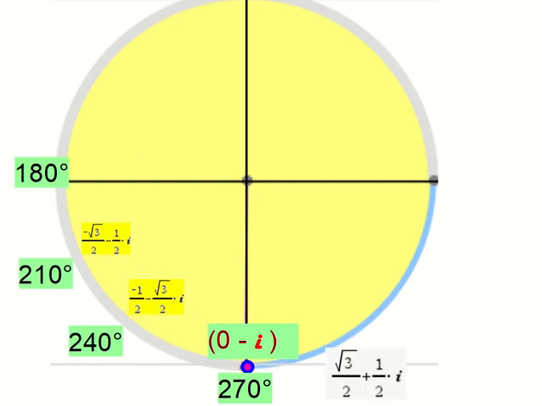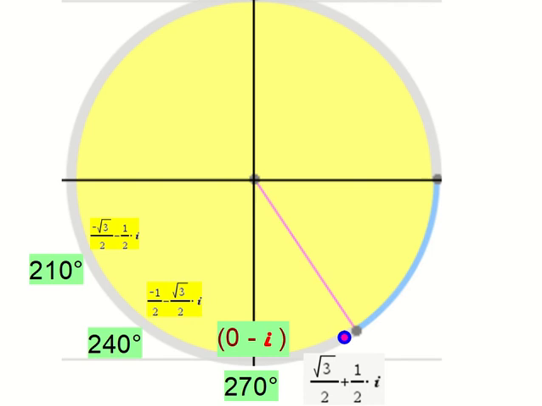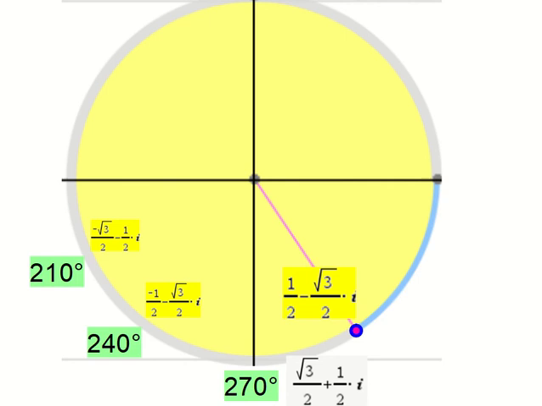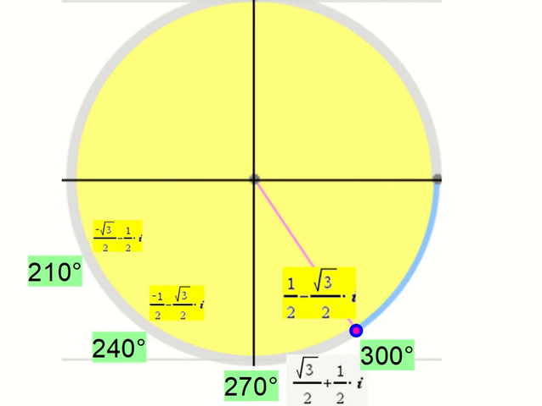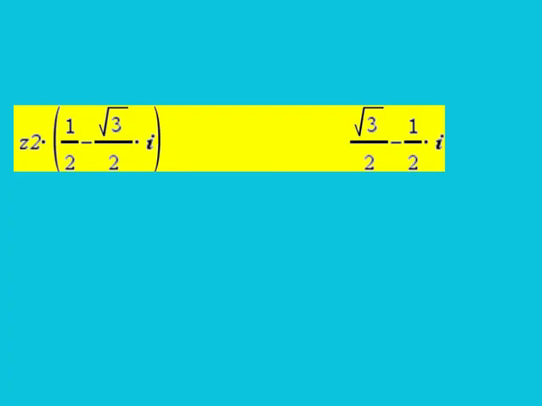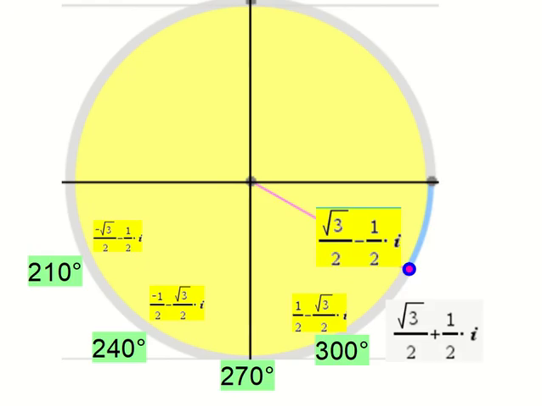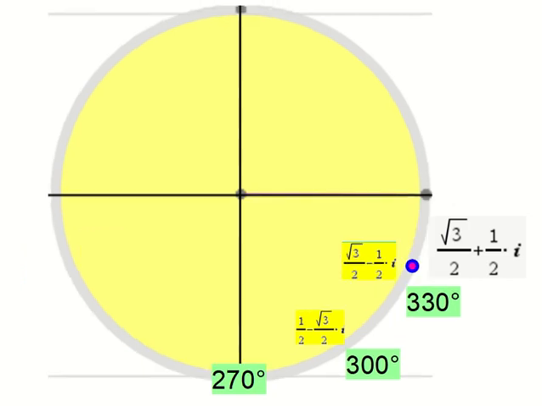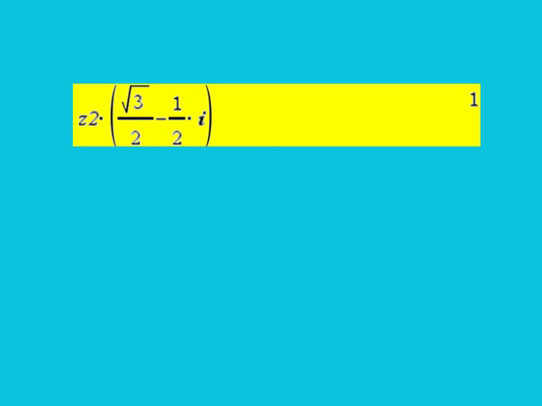Another rotation of 30 degrees brings us to 1/2 minus radical 3 over 2i, and that is 300 degrees. As we move around the unit circle, we get to 330 degrees, and one more rotation completes the unit circle.